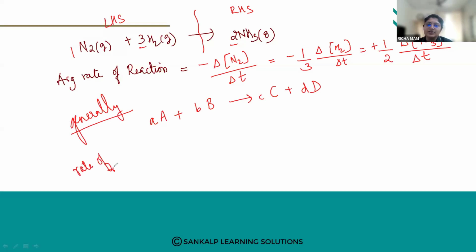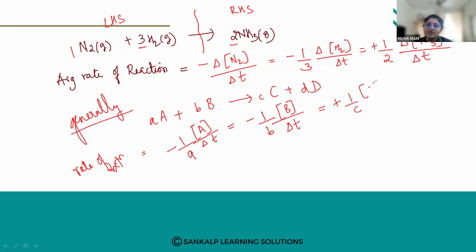Rate of reaction is given as minus 1 by a, delta concentration of A by delta t, equals minus 1 by b, delta concentration of B by delta t, equals plus 1 by c, delta concentration of C by delta t, equals plus 1 by d, delta concentration of D by delta t. Understood?